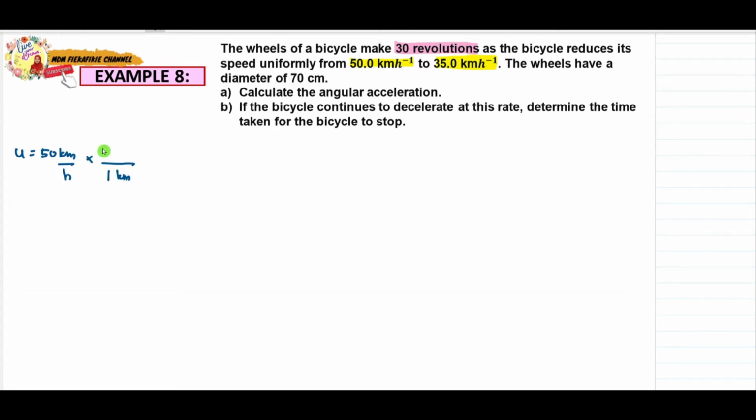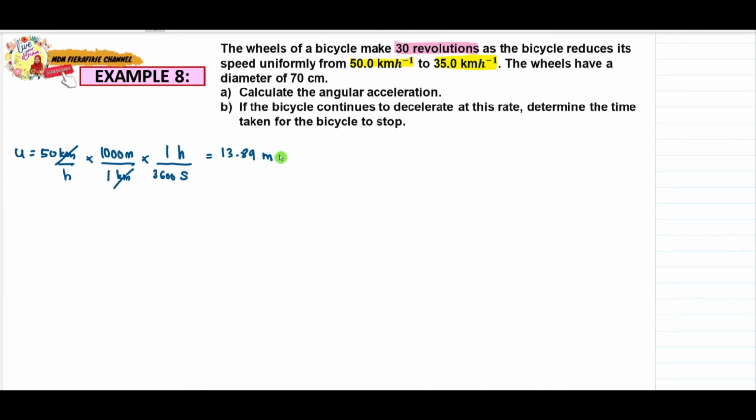So 1 kilometer is equal to 1,000 meter, so I cancel kilometer. Then for hour, hour is at the bottom, so its partner is on top. Hour to seconds: 1 hour is 3,600 seconds. Correct, 1 hour is 60 minutes times 60 seconds, so 3,600 seconds. So U we get 13.89.